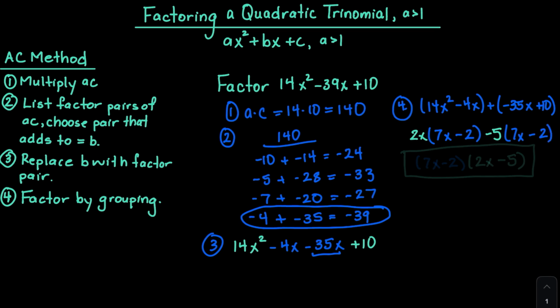Factor out our binomial GCF, 7x minus 2. First term, I'm left with 2x. Second term, I'm left with negative 5. So 14x squared minus 39x plus 10 factors to 7x minus 2 times 2x minus 5.